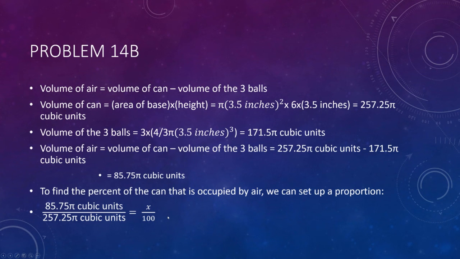So it's part over whole. Then I multiply to figure out what x is, and I find that x is equal to 33.3 repeating percent. So in other words, 1/3 of the can is occupied by air, which means that 2/3 is occupied by the tennis balls.